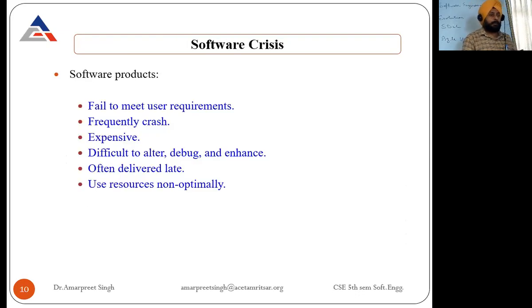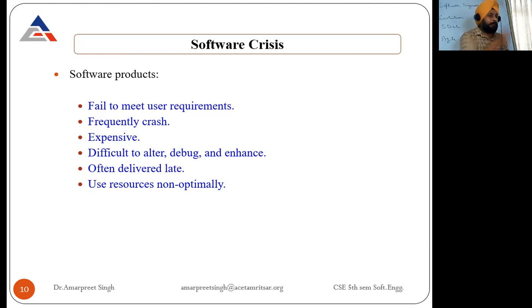Then a very important term is software crisis. Nowadays, there is no crisis in hardware, but there are crises in software products. Why? What are the characteristics or factors that will define that yes, there is a software crisis?